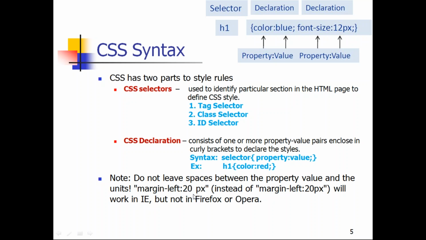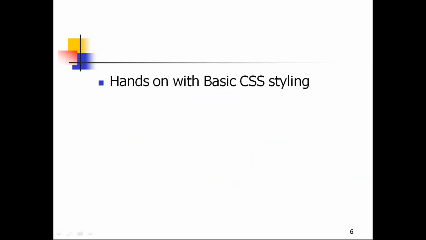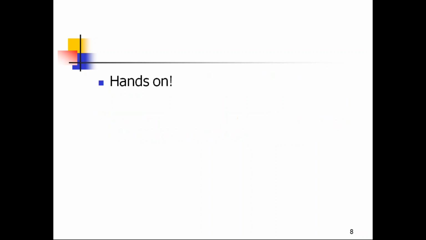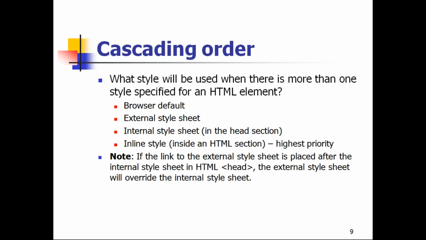It will not work. So you have to write it like this, 20px. Don't leave spaces between the property value and the units. You can place multiple style sheets and you can cascade them. Cascade means you can connect them by using a link document.